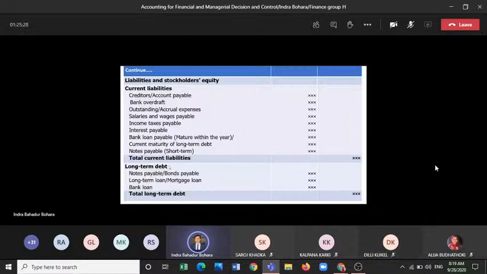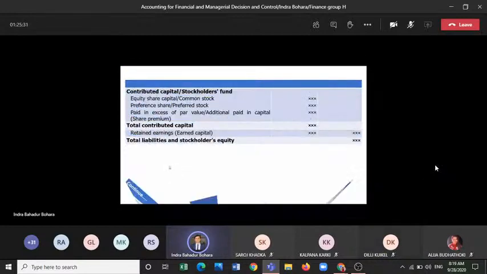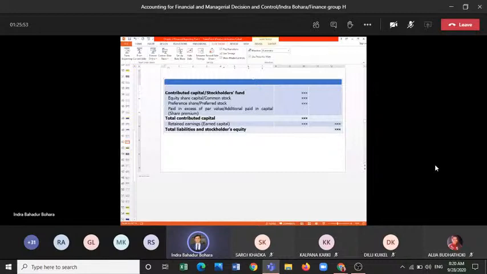Okay, now the next heading is shareholders equity, which is calculated by dividing into two groups, or you can directly write equity. You can do it in two ways: you can write shareholders equity only, or you can separate it into contributed capital and so on. Just a minute, all of you look here.